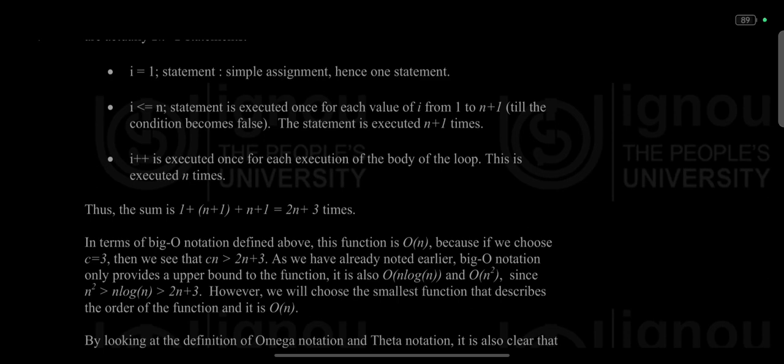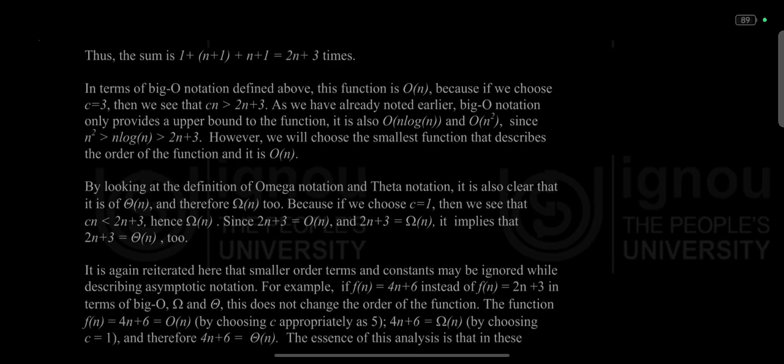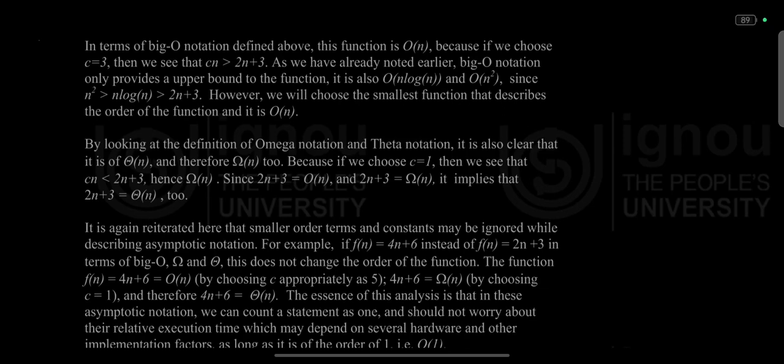In terms of big O notation defined above, this function is big O of n, because if we choose c equal to 3, then we see that cn is greater than 2n plus 3. As we have already noted earlier, big O notation only provides an upper bound to the function.